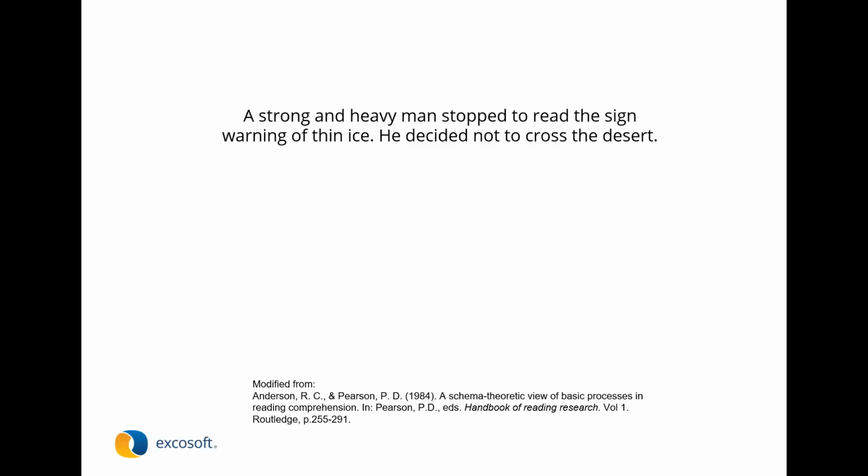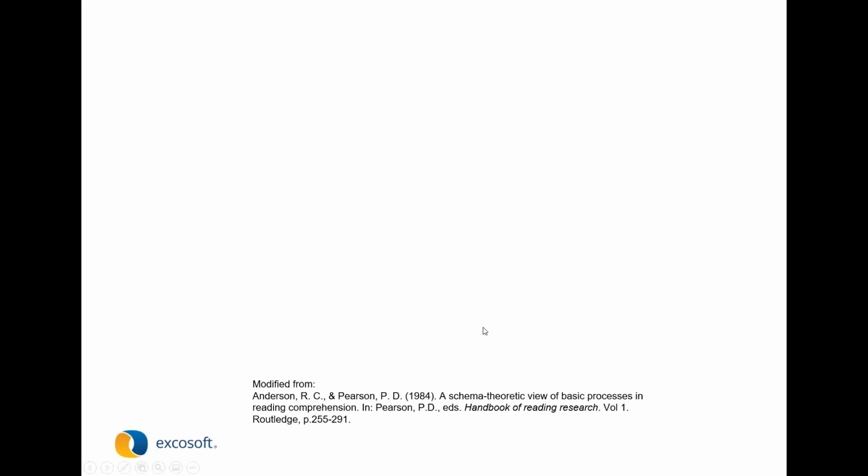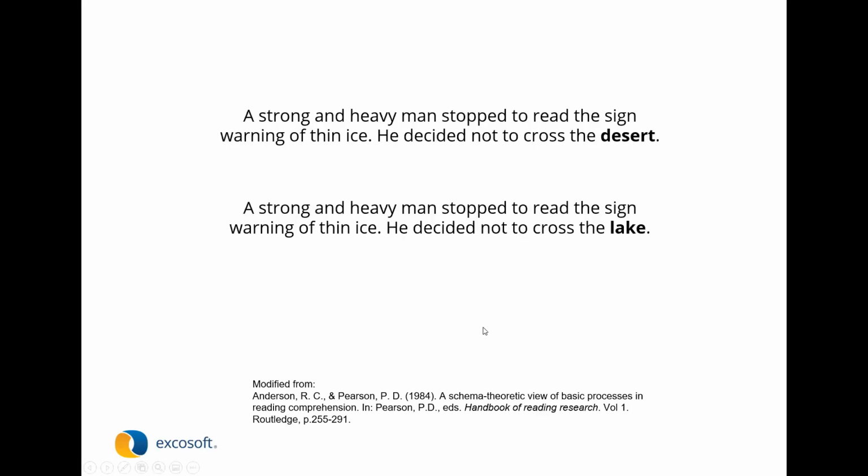This again comes from Handbook of Reading Comprehension, and I modified it a little bit. But what happens if we replace one word? Actually, we replace the last word in bold here. So if we read the second text, the question, why did this man decide not to cross the lake?